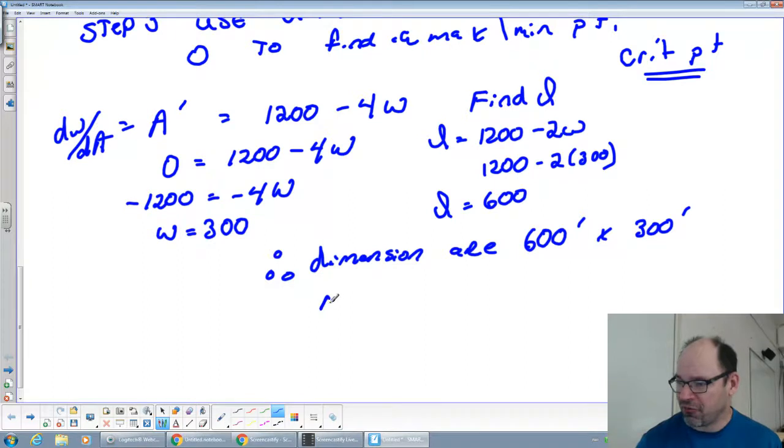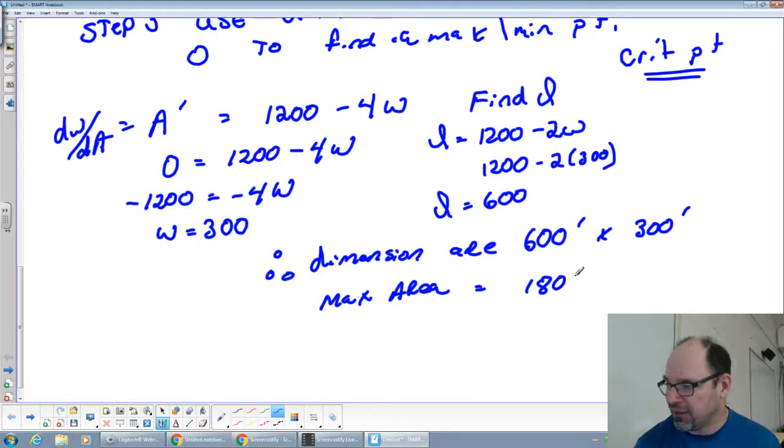If they ask you what the max area was, that would equal 600 times 300, which is 180,000 square feet.